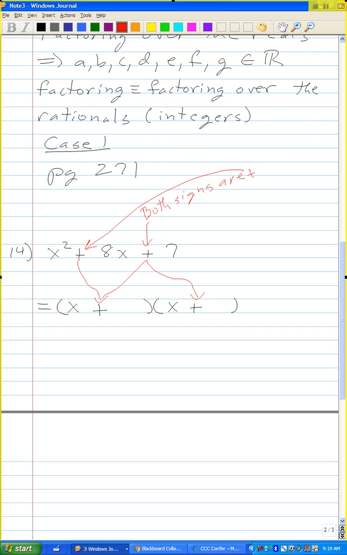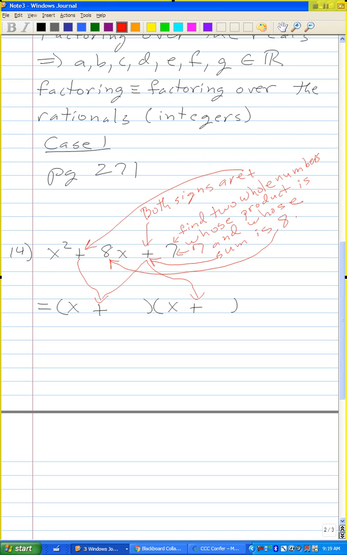Next, I want to find two whole numbers whose product is 7 and whose, well, since there's a plus there, sum is, well, let's look over here what the sum is, 8.